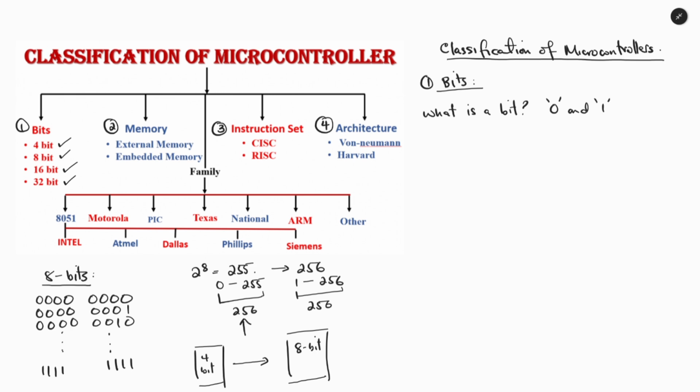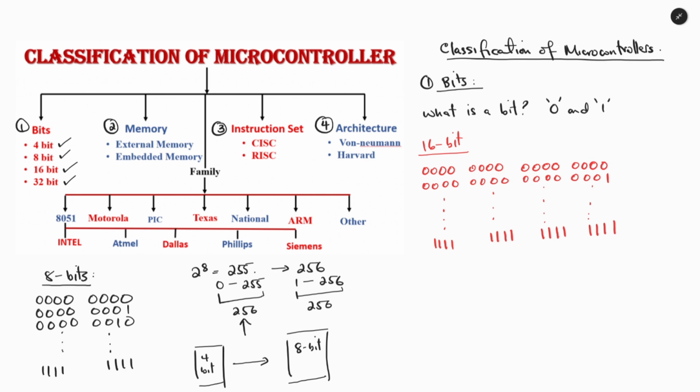And we have the other one, which is the 16-bit. And in terms of the 16-bit, we know that it will begin from all zeros, 0 0 0 1 and so on, all the way to all ones.